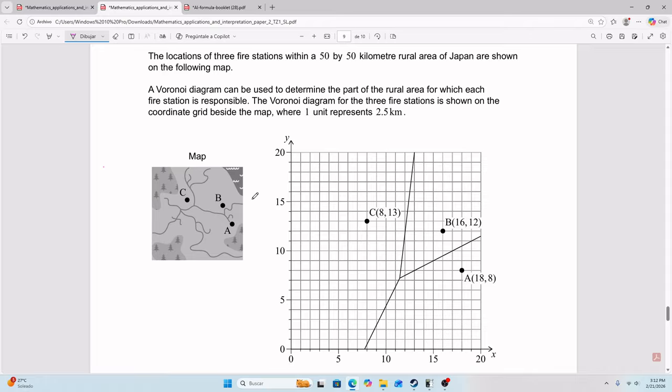The useful thing about Voronoi diagrams is that they are great for city planning, or for deciding what's closer to this or closer to that.